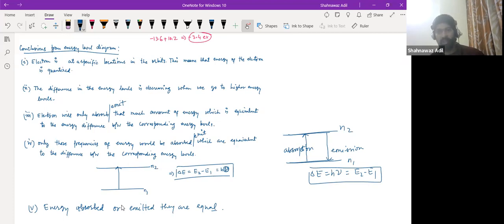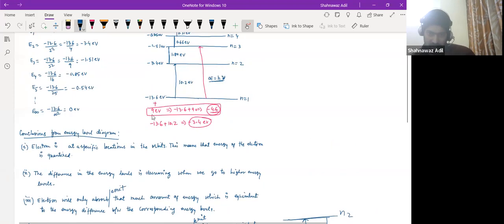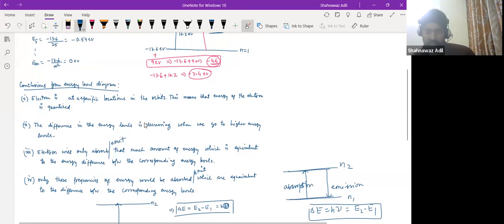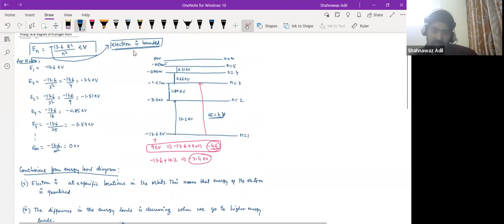Yes, you got disconnected. Yes, sir. Which part did you note down? Did you write all these portions? Where were you? Tell me which part you have noted down. Sir, I was at E5 is equal to minus 13.6 by 25. Then just take a screenshot of this part, right?